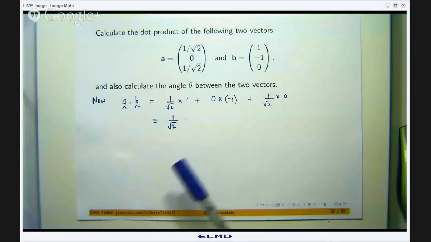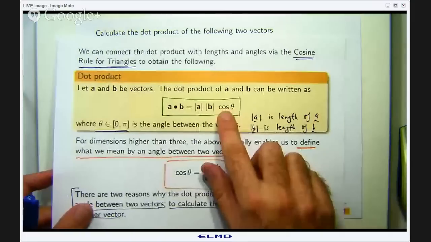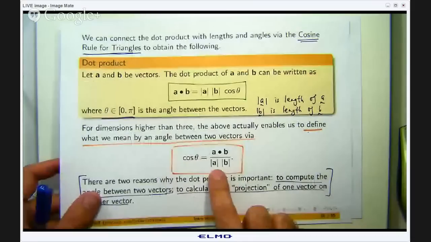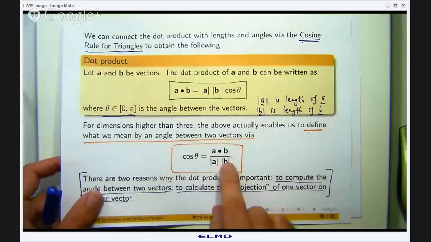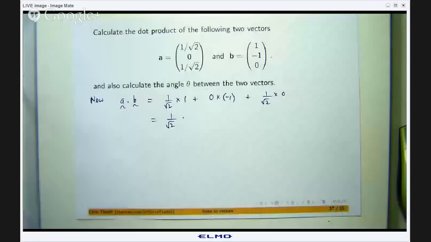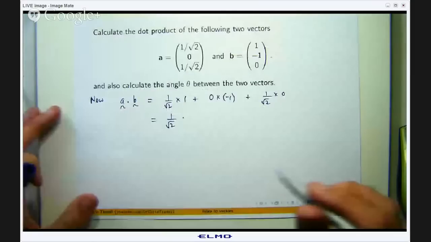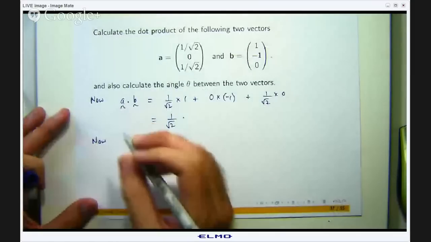And now let's calculate the angle between the two vectors. Now, to do that, we've already got the dot product. Let's calculate the magnitude or the lengths of each of the given vectors, and then we'll apply the formula.